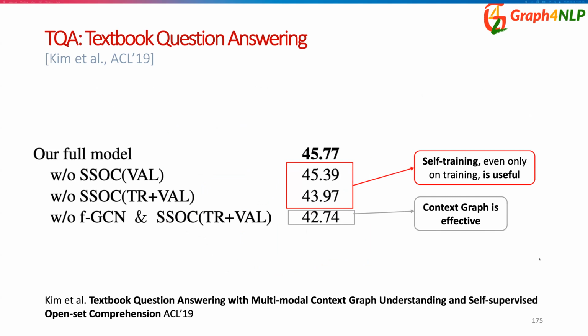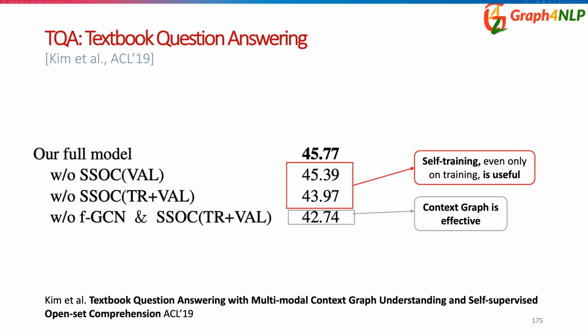With self-training, you can see a different result than without self-training. Even just using the training data itself is useful, and constructing the context graph is very effective. Both elements, constructing the context graph and self-training, are important.